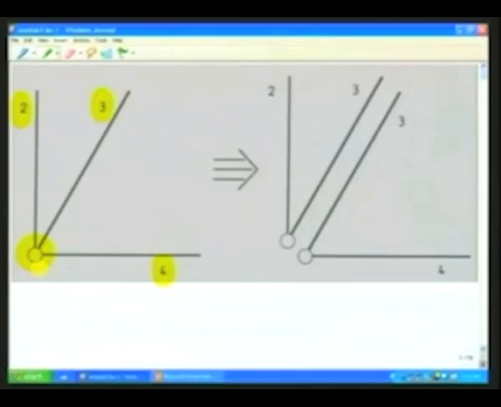Such hinges are called compound hinges or higher order hinges. This particular compound hinge is equivalent to 2 simple hinges as explained in the adjoining figure. For example, this hinge can be thought of as 2 hinges, one connecting link number 2 and link number 3, whereas another hinge connects link number 3 and link number 4. Thus, a hinge which connects 3 different links is equivalent to 2 simple hinges.